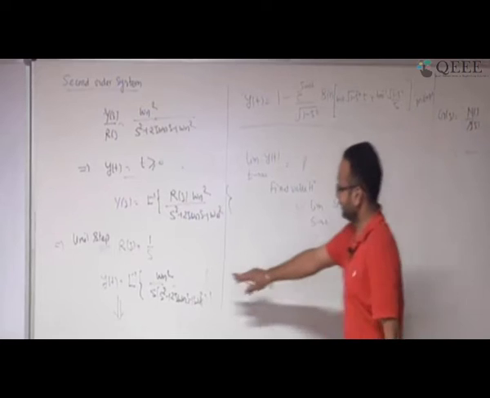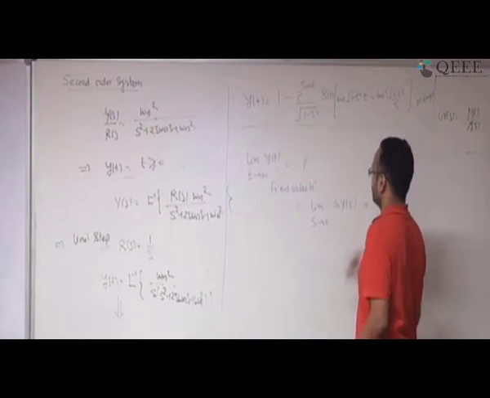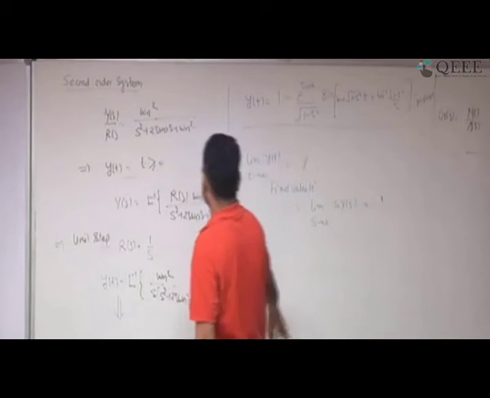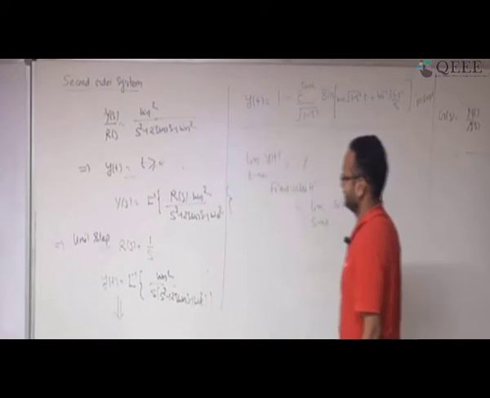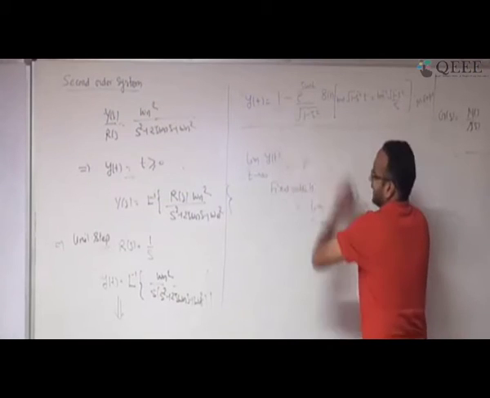If you work it out, y(t) will tend to 1. So in this case, if you take a second order system, you are getting a steady state value of 1. You are ultimately reaching a steady state value. We have to understand this term.